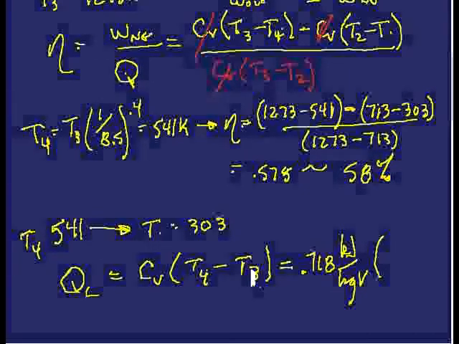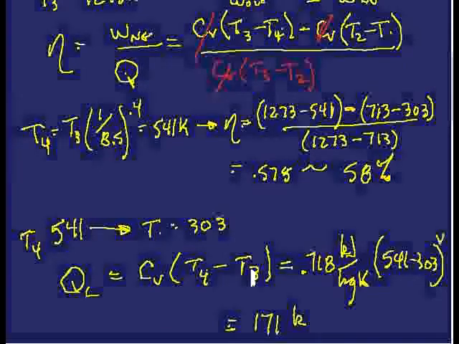You're bringing it back to the atmospheric temperature. So that would be times 541 minus 303. And this comes out to approximately 171 kilojoules. Well, this is Kelvin, so the Kelvins cancel.